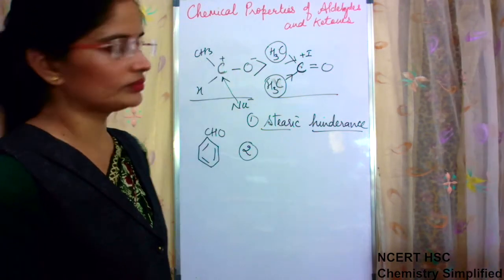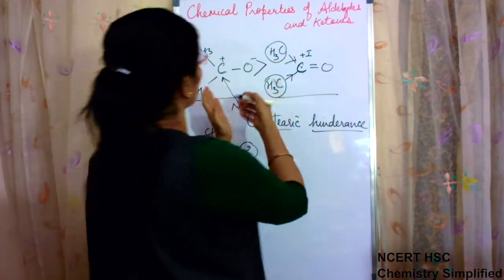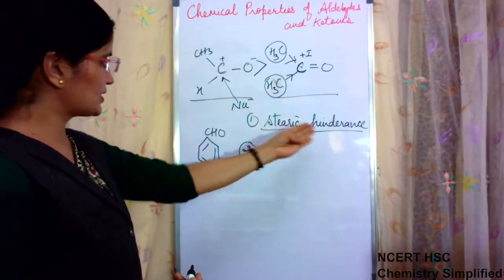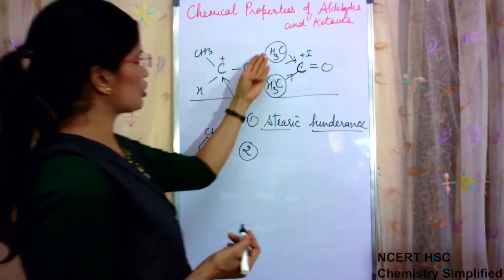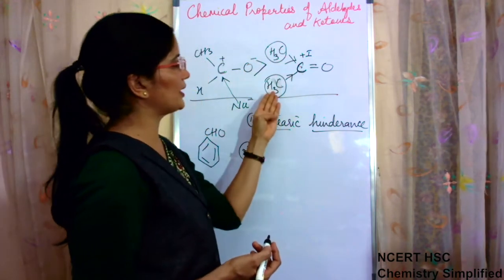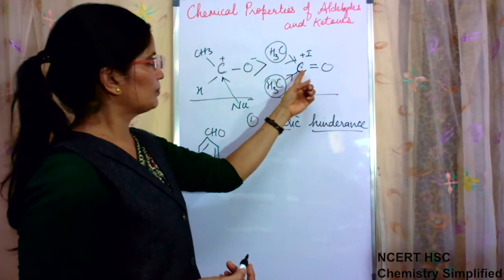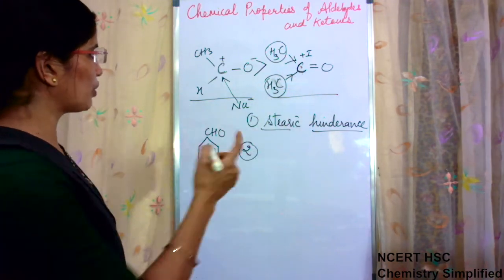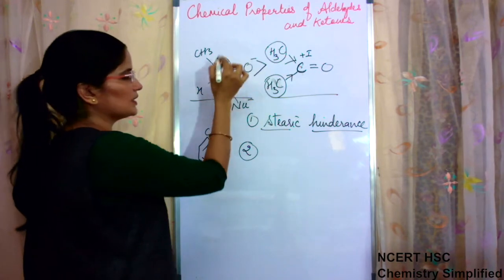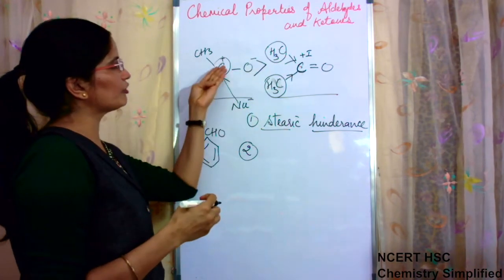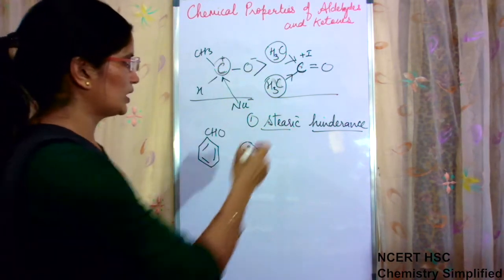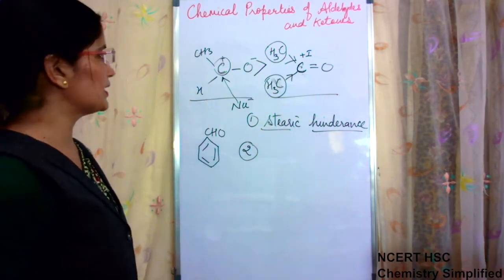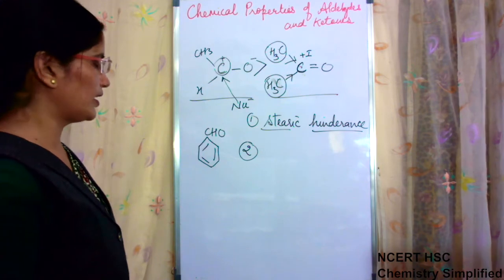So for the attack of the nucleophile, this carbon should be highly electrophilic in nature. Because of this reason, one is steric hindrance. Second reason, because of the plus I effect of two alkyl groups present here, more electrons are collected on the carbon atom, and because of that the electrophilicity, the power to attract the nucleophile, of this carbon is reduced in case of ketone. That is why they are a little less reactive as compared to aldehydes.